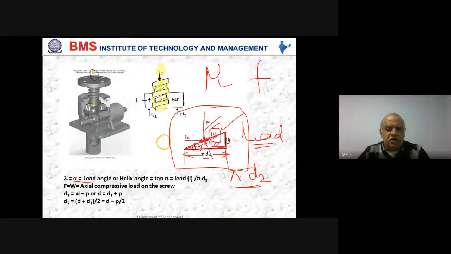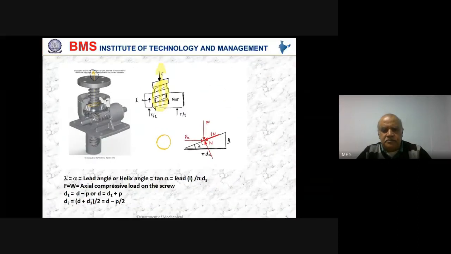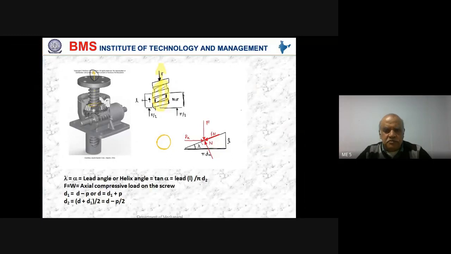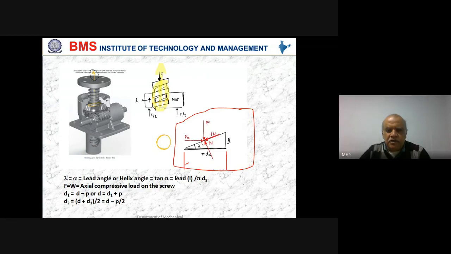These are certain terms that are required to be known before we get into the design. So first, note down the sketch. Note down this much. Where lambda or alpha is called the lead angle or helix angle of a screw thread, L is the lead, pi into dm represents the circumference of the pitch diameter, or in our case pi d2.